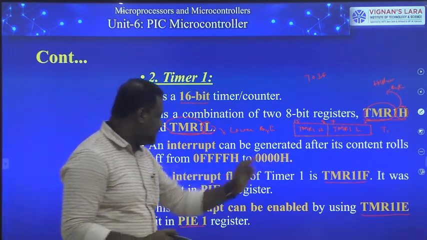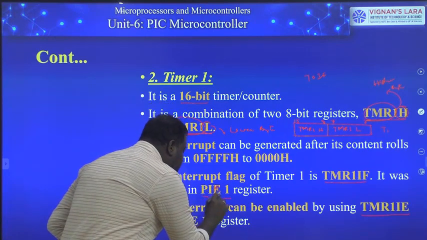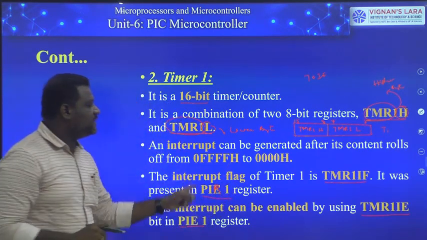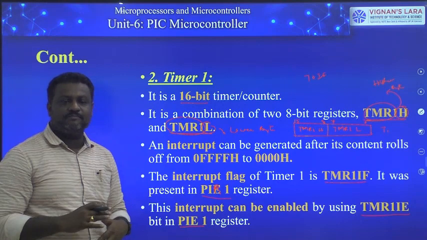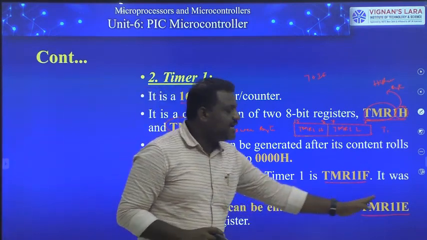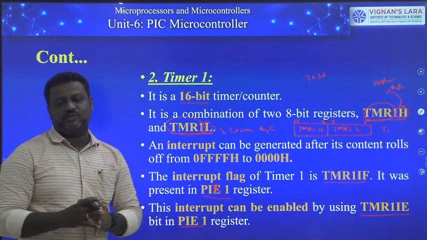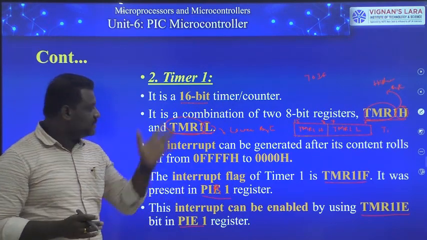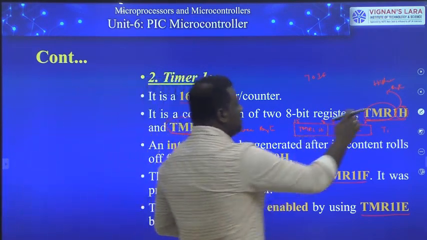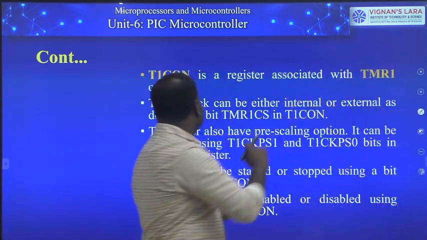Sorry friends, this flag is originally present in PIR1, peripheral interrupt request register 1. So TMR1IE was present in PIE1, peripheral interrupt enable register. So this is timer 1 related information.